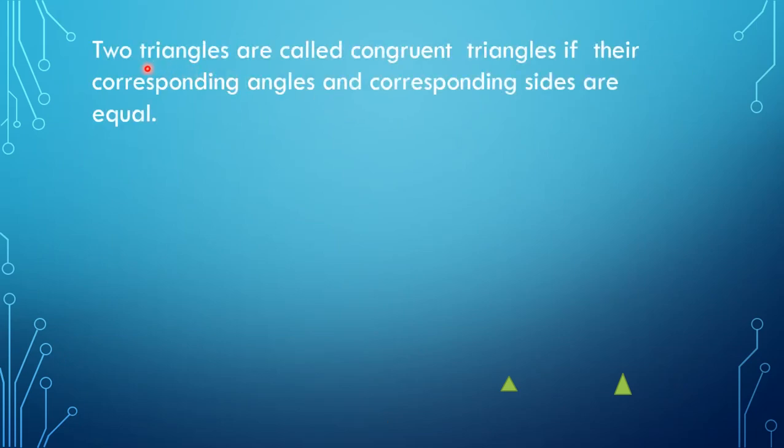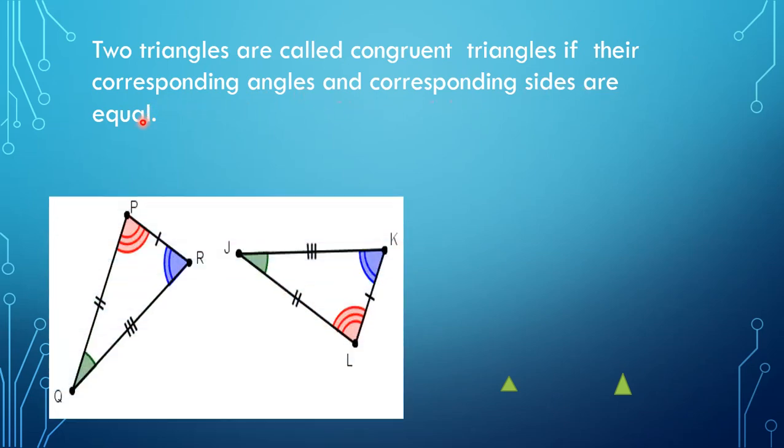Now, in the case of triangles, two triangles are called congruent triangles if their corresponding angles and corresponding sides are equal. For example, we have triangle PQR and LJK.